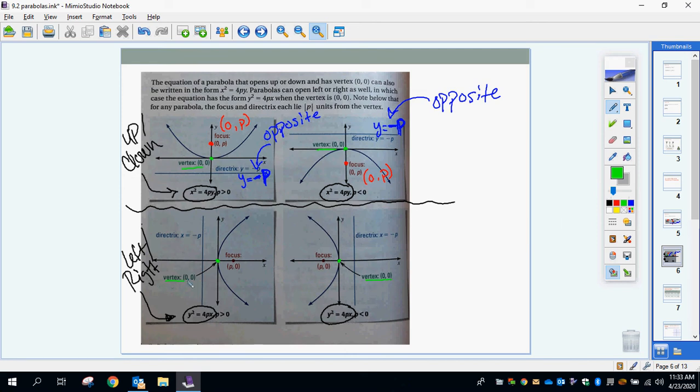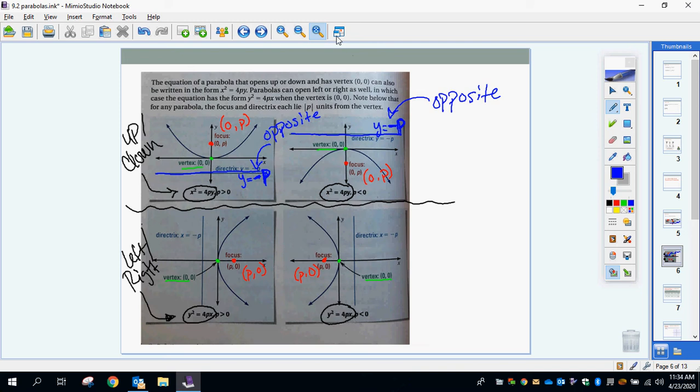Let's look at the focus point and how it's different. If we are opening left or right, our focus point is not (0, p) like it was for up or down. Our focus point is (p, 0). How is our directrix different? Instead of being a horizontally flat line, now our directrix is a vertical up and down line.